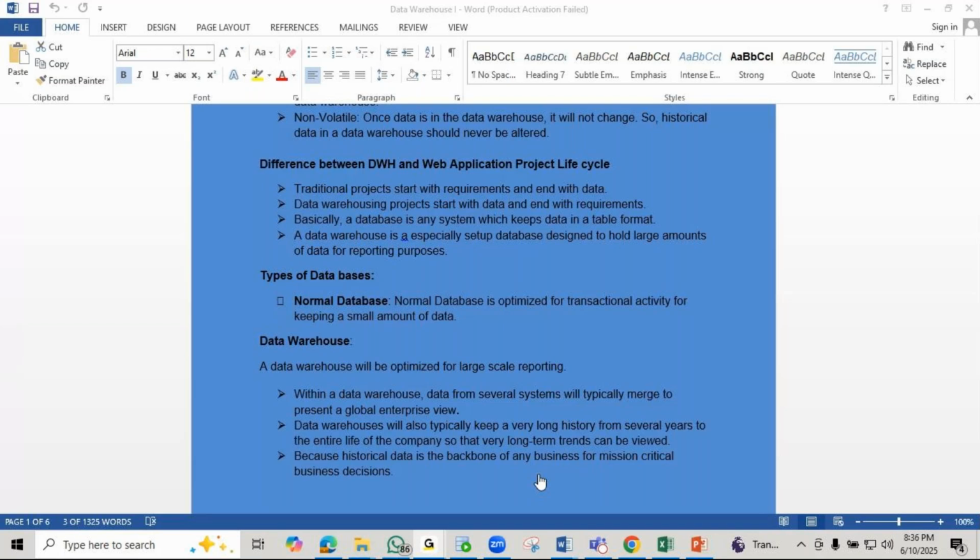Imagine that Sheikh is the owner of Big Bazaar, and whatever sales are going on, he is maintaining all the sales records in his computer. For him, that computer will be the database. Imagine that Rakesh is the owner of one medical shop, and all the sales information he is maintaining in his notebook. For him, that notebook will be the database.